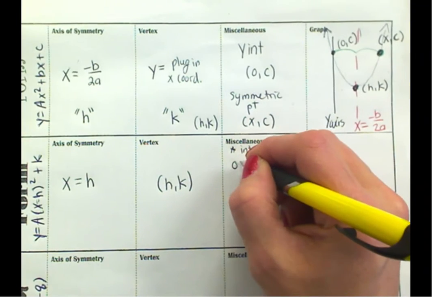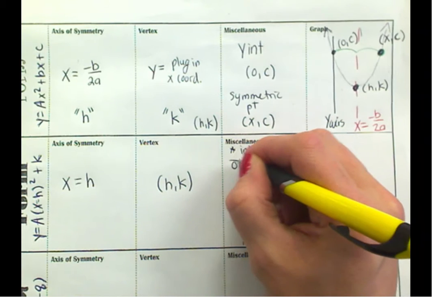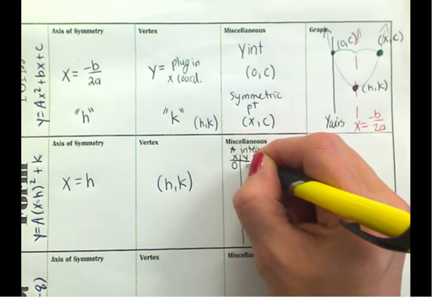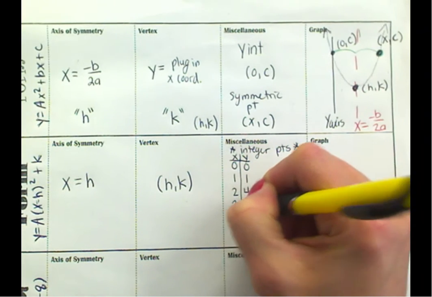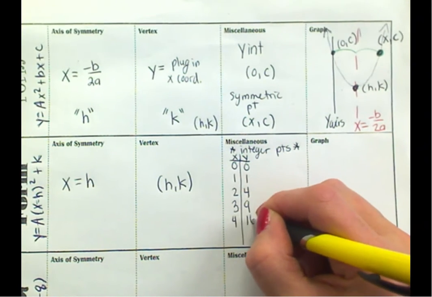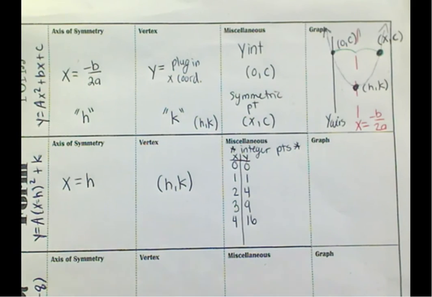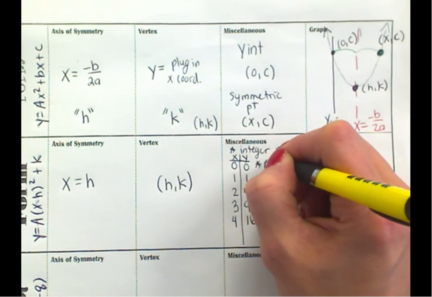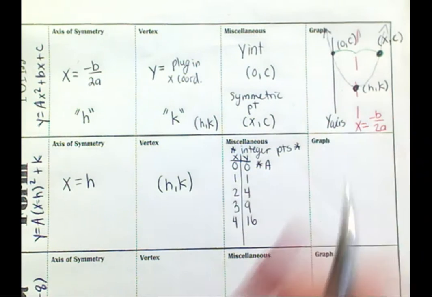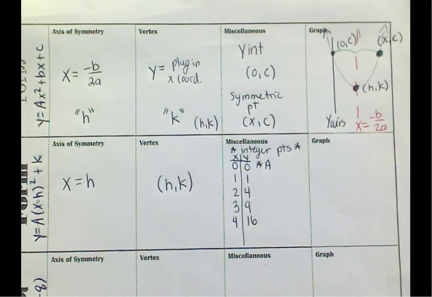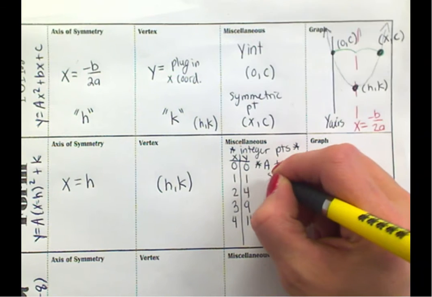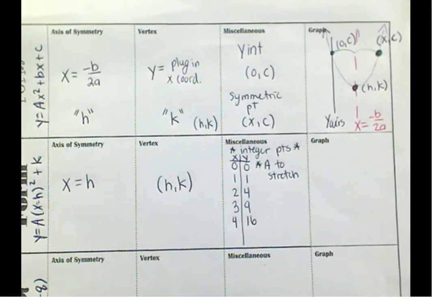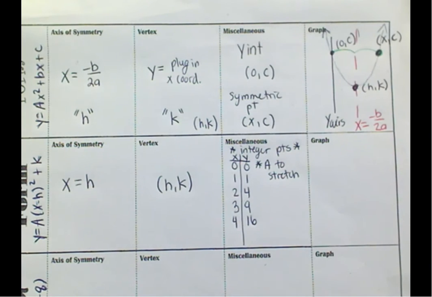And so I'm going to write down my parent points. Then I'm going to say times a to stretch. That's how I would figure out where my points are.